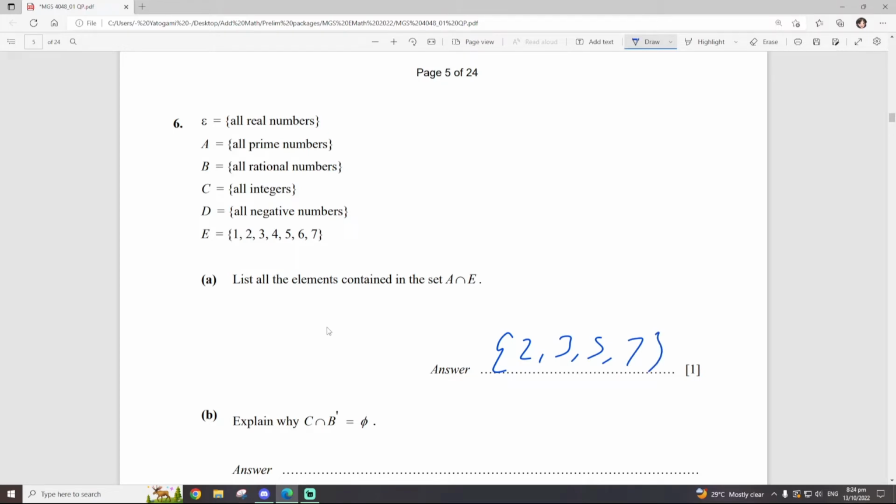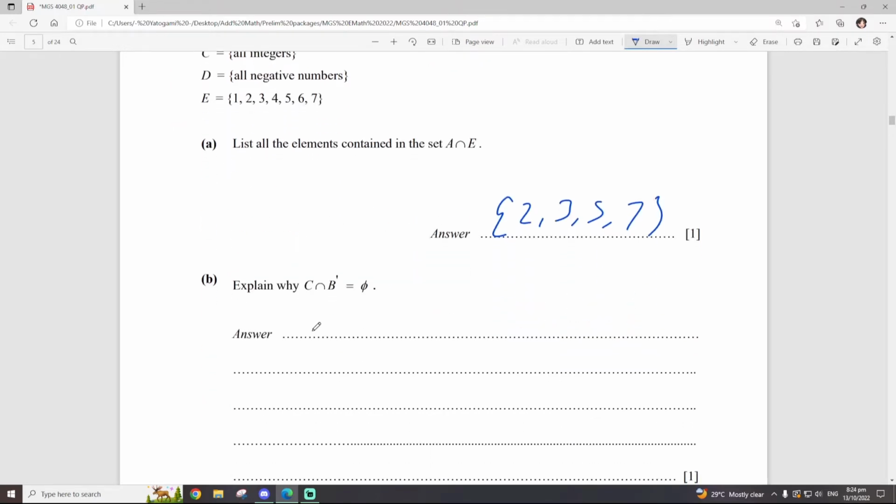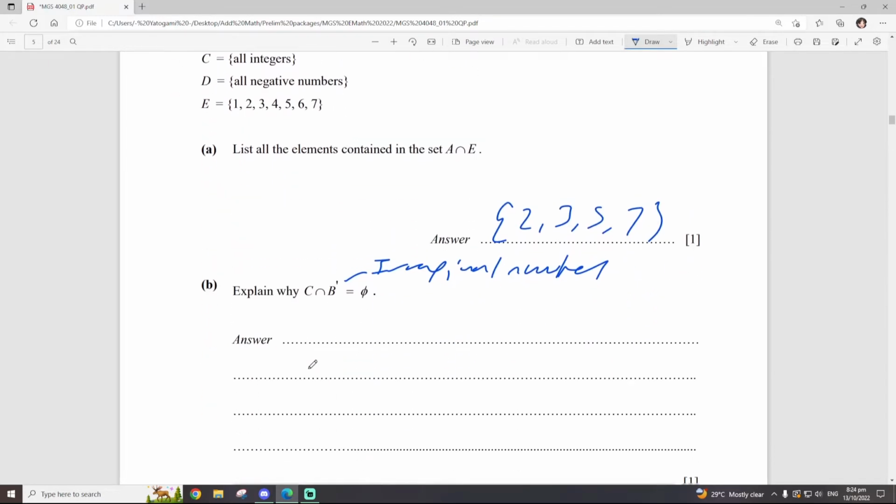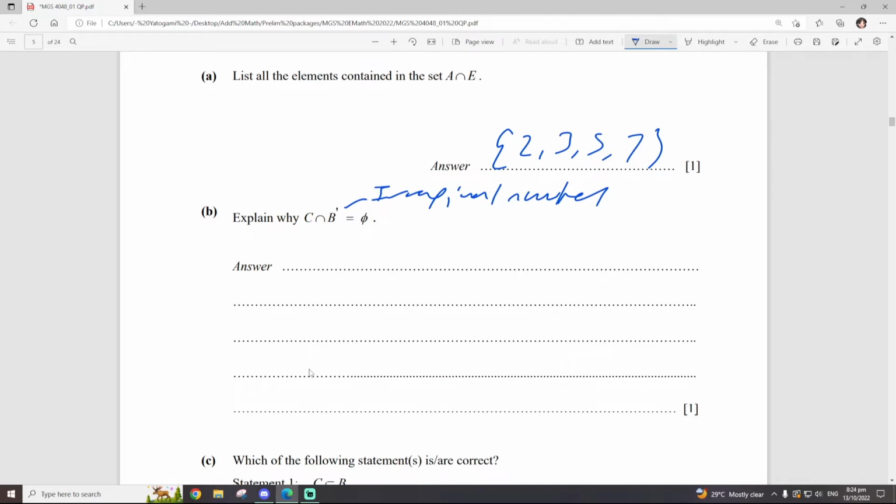Explain why C intersect B complement is the empty set. Well, B is the set of all rational numbers, so the B complement will be the irrational numbers. C is all integers. So it's very simple. B prime is the set of irrational numbers.